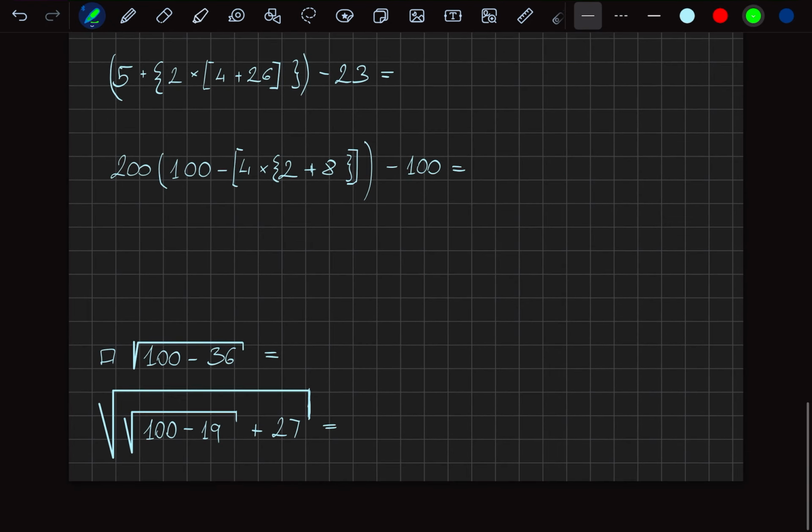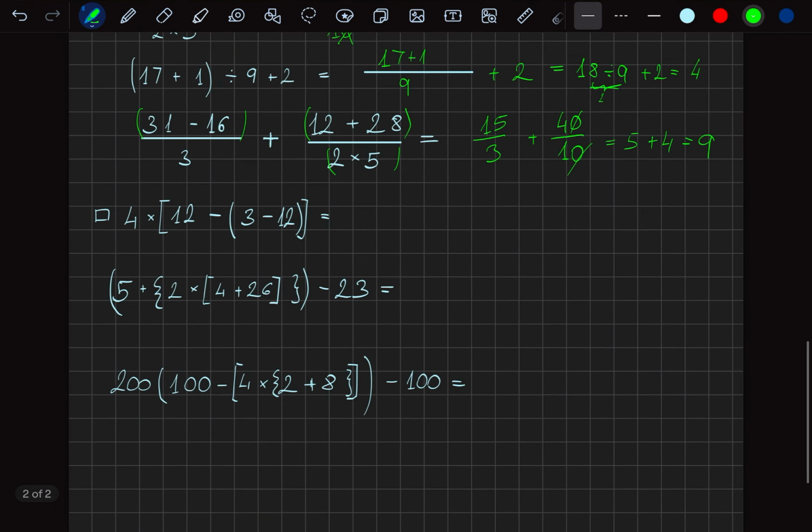Okay, next one. It's again some tricky question. So yeah, 4 times. I start with the inner bracket, 12 minus 3 minus 12, it's minus 9.